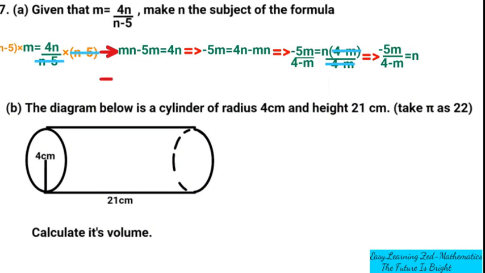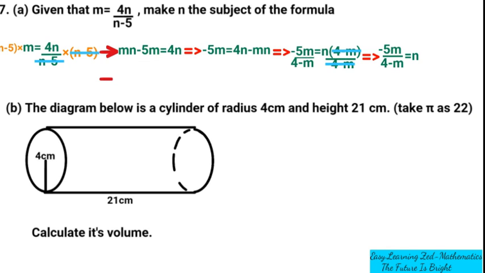Take pi to be 22/7. You need to look at the diagram below, where the information given in the statement above is shown. The question is to calculate its volume. So we need to calculate the volume of the cylinder.